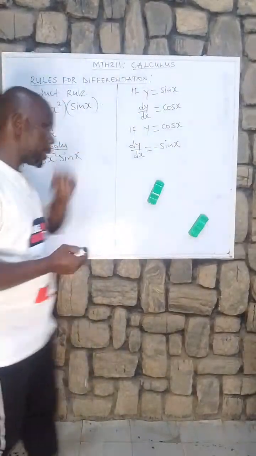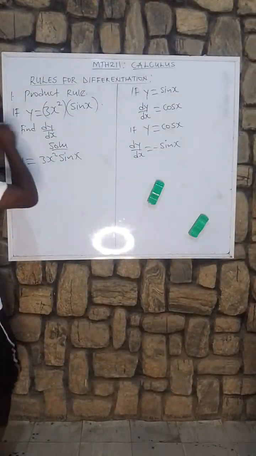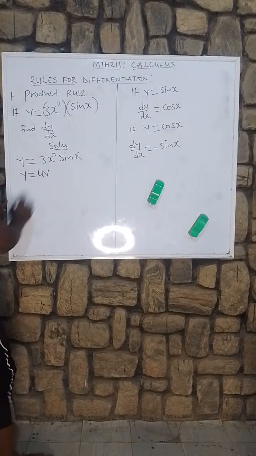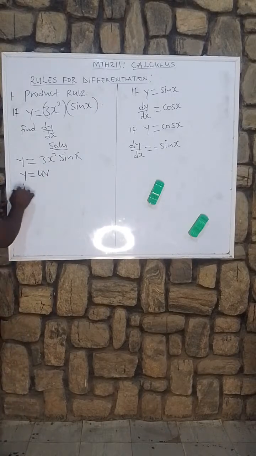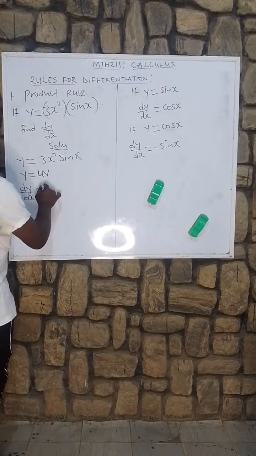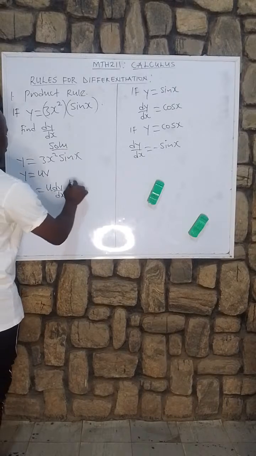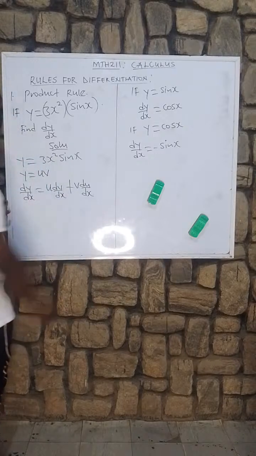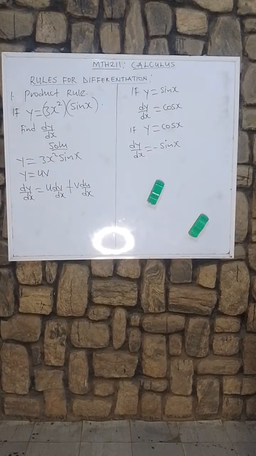The product rule is of the form y equals uv, then the formula is dy over dx equals u dv over dx plus v du over dx. True?